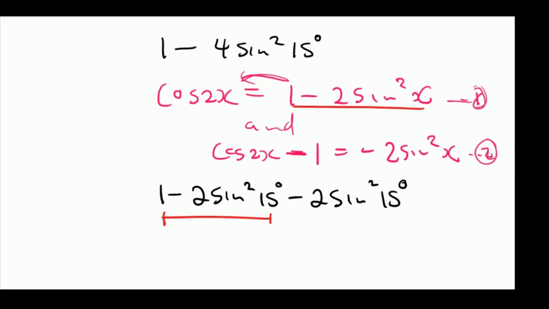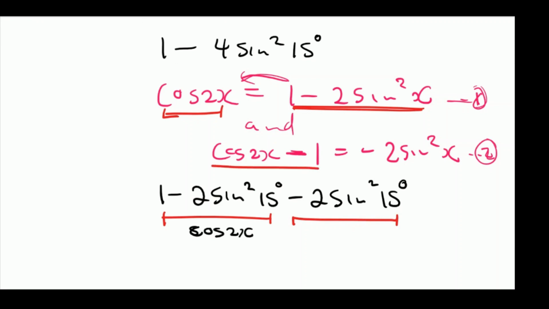So instead of writing this, you're going to write this, cos of 2x. So let's replace it. It's going to be cos of 2x for this one, and then this expression here, which is minus 2 sine squared 15, is going to be this one, which is cos of 2x minus 1. You see, it's similar to this one. So you're going to write cos of 2x minus 1. So that's how we can approach this problem.